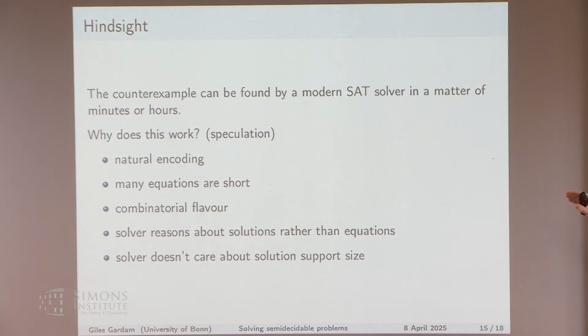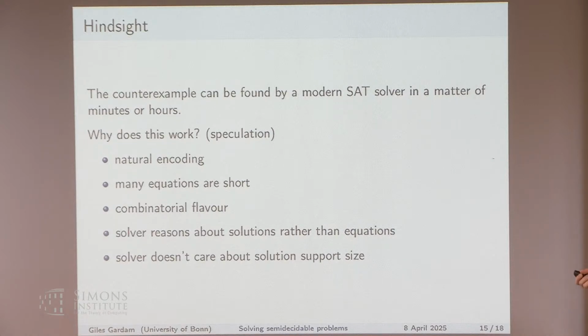So maybe more so than the first two things, the third point is really the key thing. This problem has a very combinatorial flavor, and that's why this specific set of equations is something that we can really solve, even if solving quadratic equations in general over F2 is NP-complete.